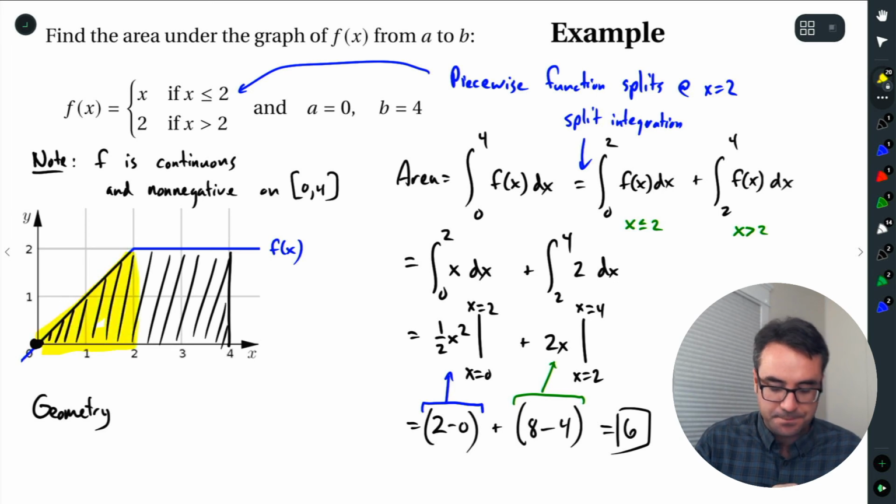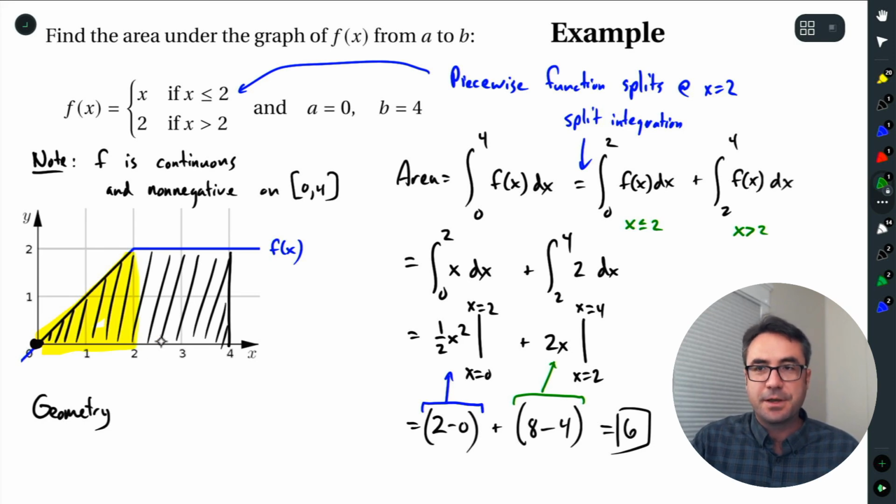So we really have a triangle. And then if we look for x greater than 2, we have a rectangle. We have a square.